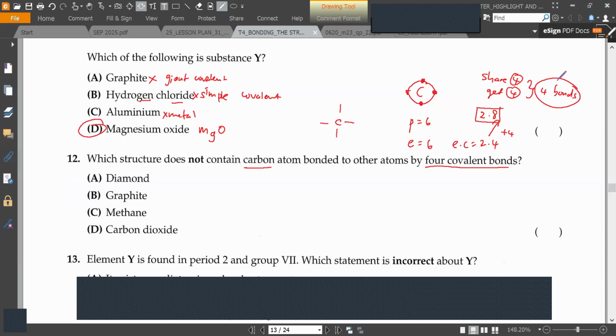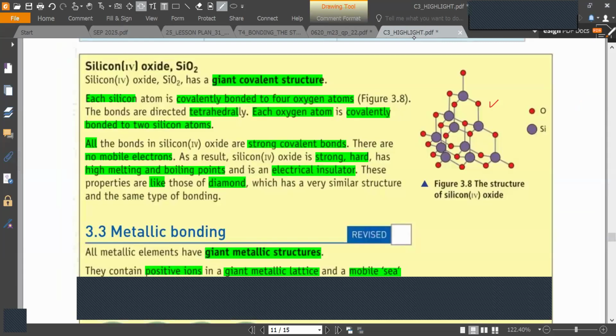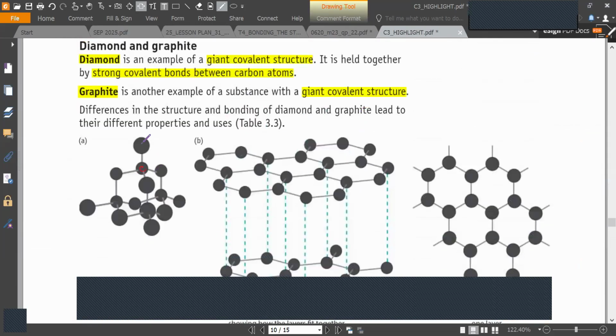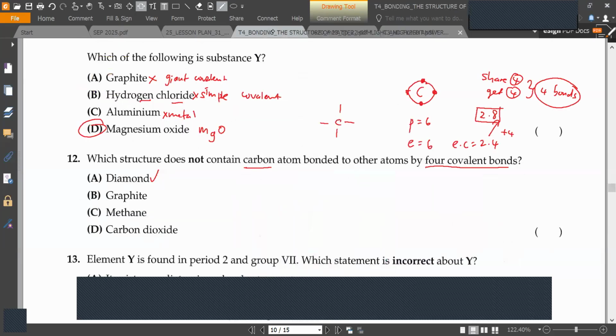Let's look at diamond in our notes. In diamond, we can see one carbon bonded to another 4 carbons. So no problem, this is correct: one carbon with 4 covalent bonds.